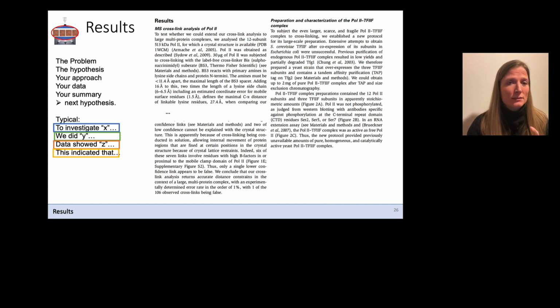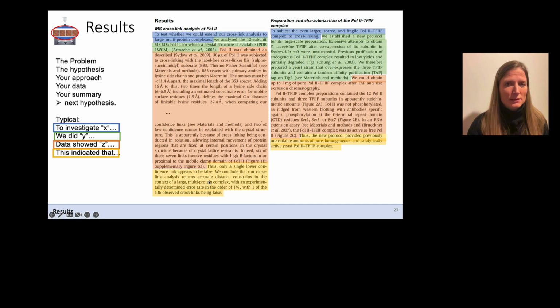Just look for the sentences. To test this or that, we analyze this or that. Describing the data, and here comes "thus" or "we conclude so and so." Okay, we can label this again. It's the same kind of structure.